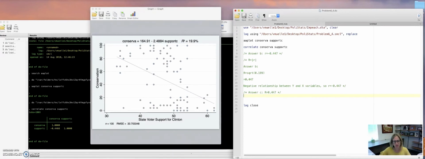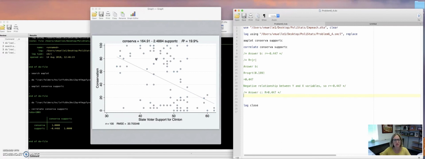Part D asks us for the linear regression equation for predicting conservatism from the state voter support for Clinton. And the beauty about this aaplot command is, look, it already tells us what the regression equation is. But by the way, you might be asked to figure out what the predicted regression equation is based on output from Stata.